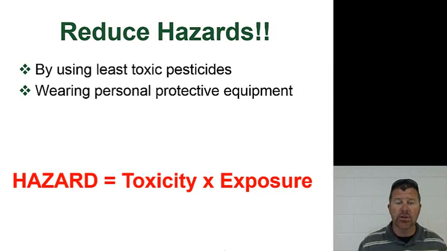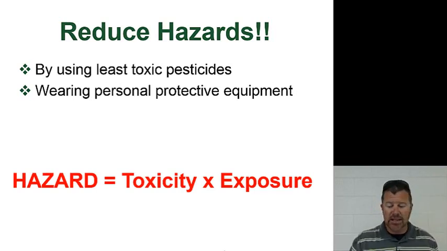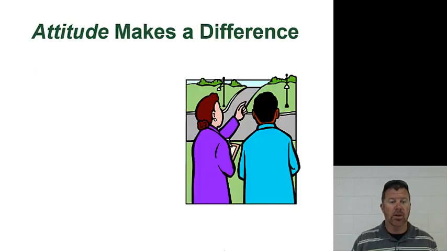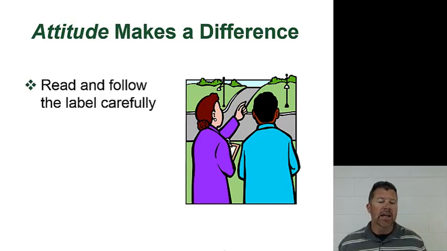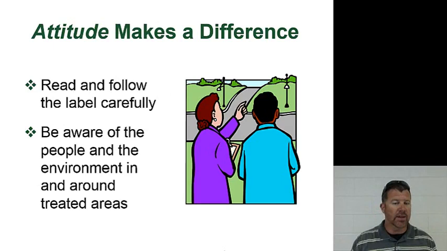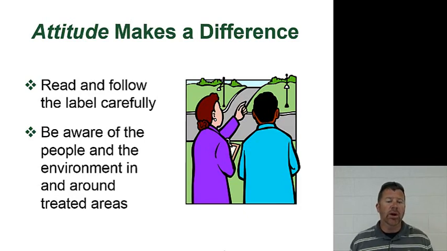But remember, hazard is equivalent to toxicity times exposure. Attitude makes all the difference. Guys, always read and follow the label carefully. That's your number one job as a pesticide applicator. You're breaking the law if you're not. And always, please be aware of the people in the environment that you're getting ready to spray.